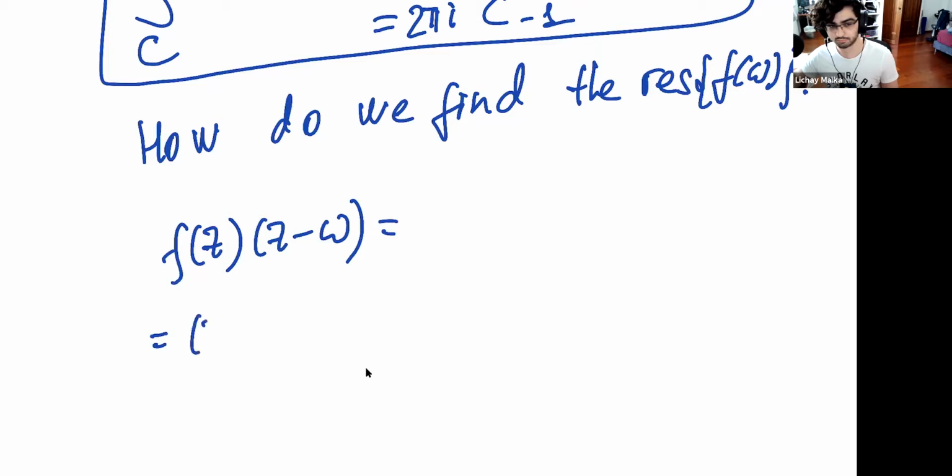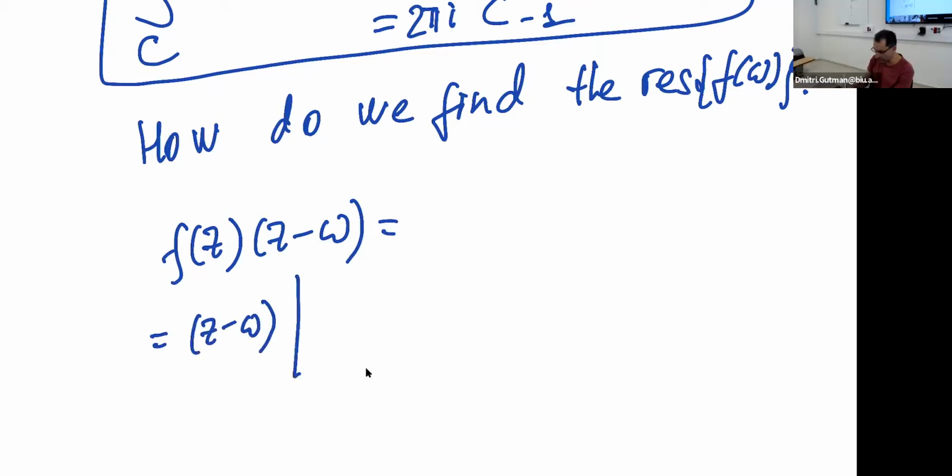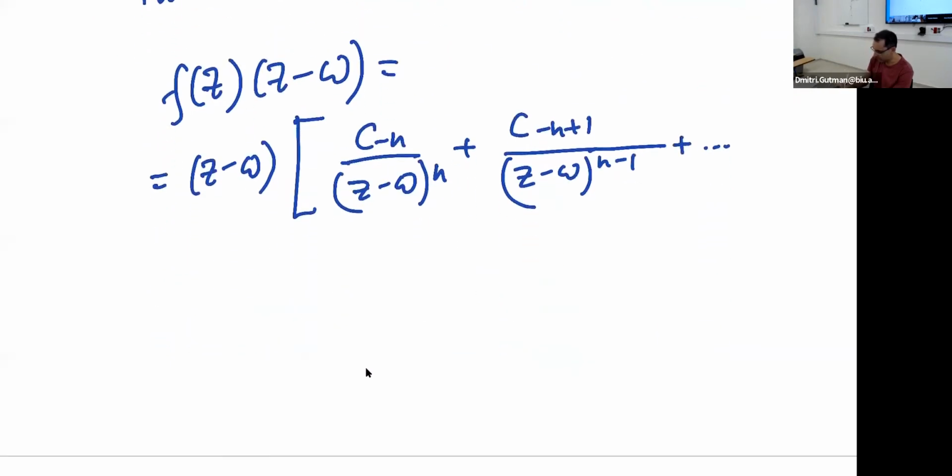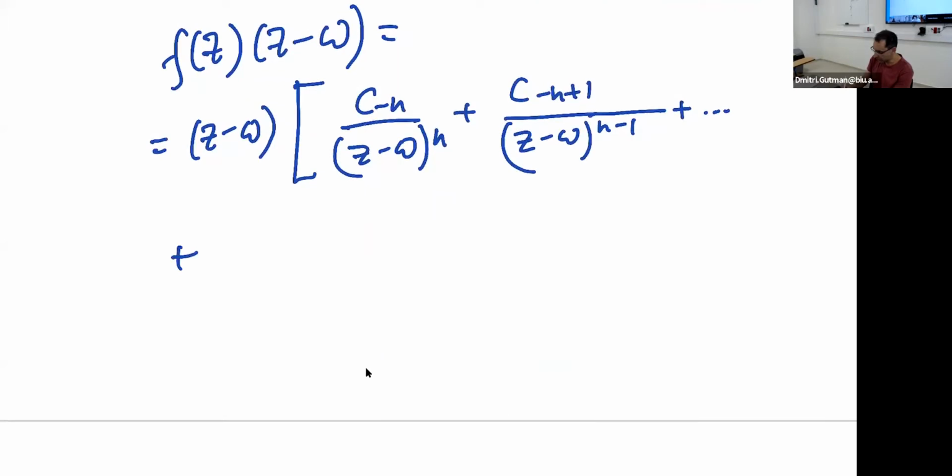We have z minus w, and this is the whole series: c minus n, z minus w to the power of minus n, plus c minus n plus 1, z minus w to the power of minus n plus 1, and so on, plus c minus 1, z minus w to the power of minus 1, plus c0, plus c1, z minus w.